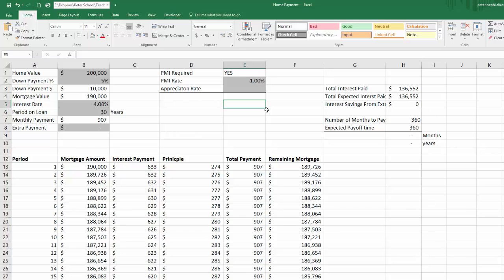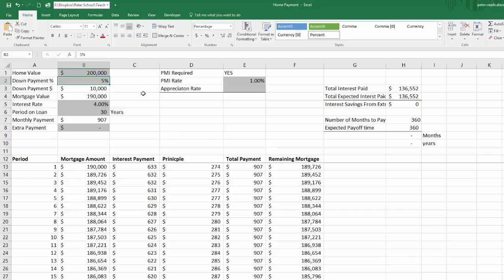One, if we put 20% down, then our home is worth 20% more than our mortgage. Another way is if our home appreciates over time and gets more valuable, whereas our mortgage should be going down in value. Then our home's appreciation over time will eventually allow us to get rid of the PMI. Also, paying down our mortgage helps us to get rid of our PMI.